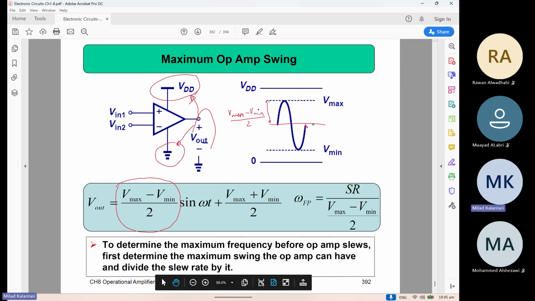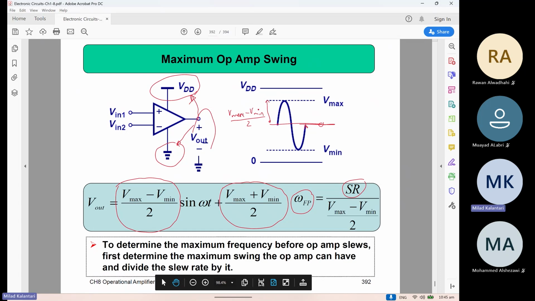And then there should be some DC level to make sure that the output is at the middle of the min and max. So we are adding this part here, right? And then it is also trying to say what is the maximum frequency that this signal can still work without reaching the slew rate limit.